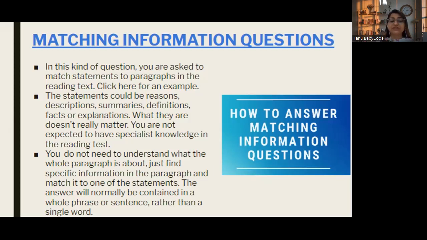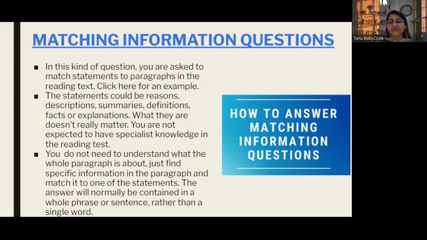These statements could be reasons, descriptions, summaries, definitions, facts, or explanations also. You are not expected to have any kind of specialist knowledge in the reading test, but it basically checks your reading skill. You do not need to understand what the whole para is about.